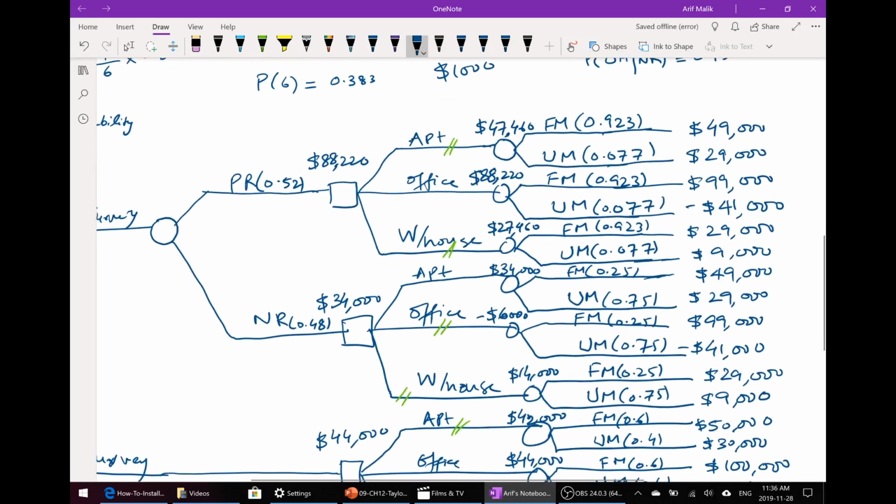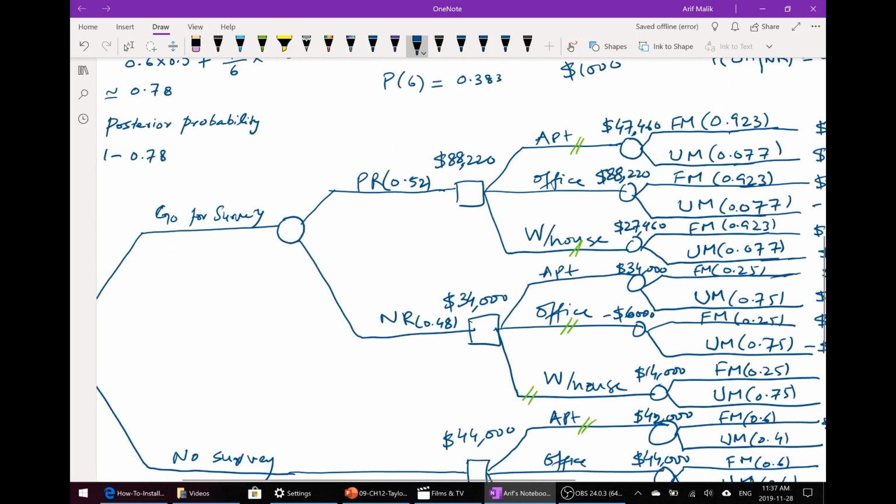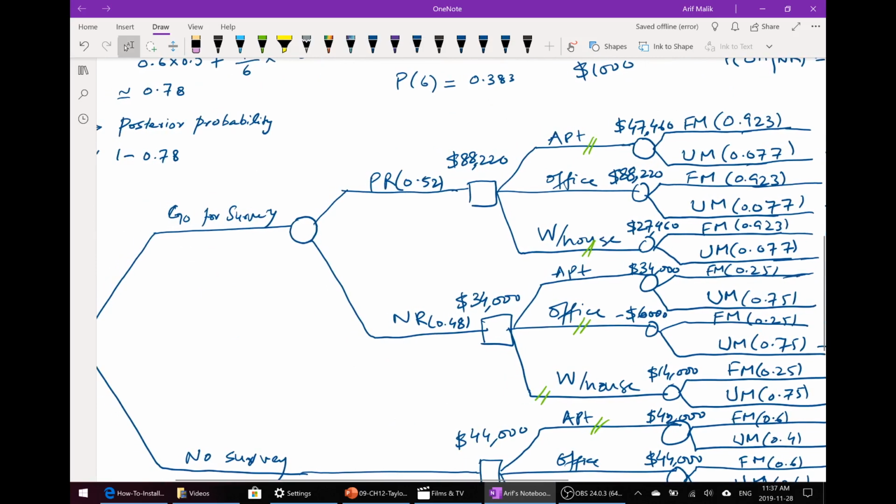So we weigh this to find out the expected value: 88,220 multiplied by 0.52 plus 34,000 multiplied by 0.48, and what we get is $62,194.